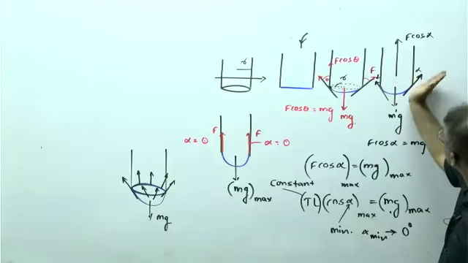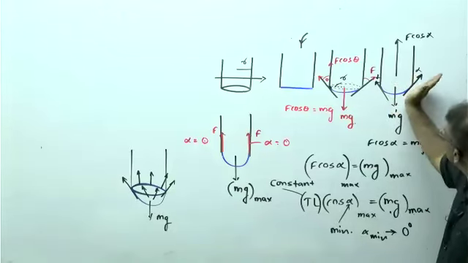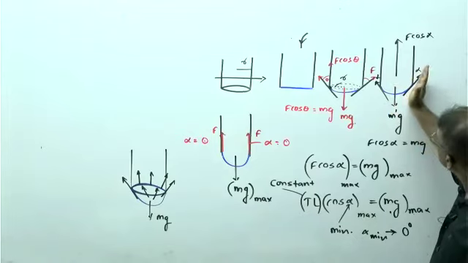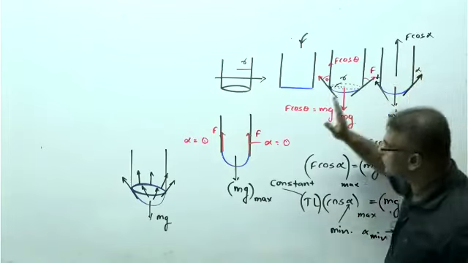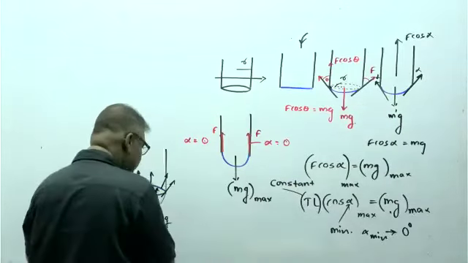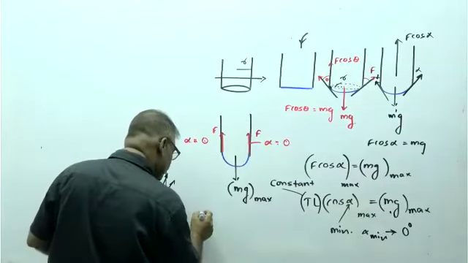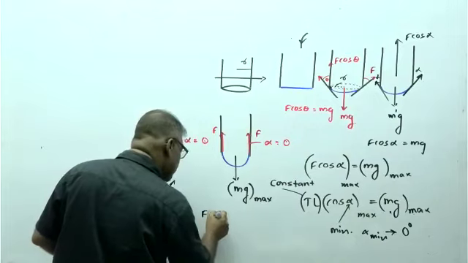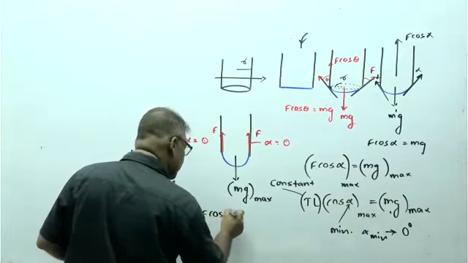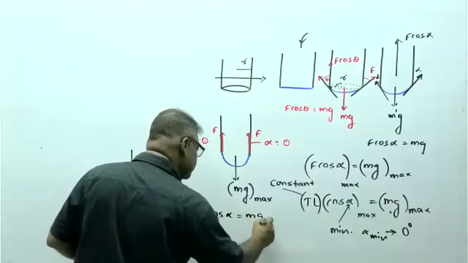At this situation, this angle should be decreased and finally become 0 at this moment, right? Then we have here F cos alpha equals mg.